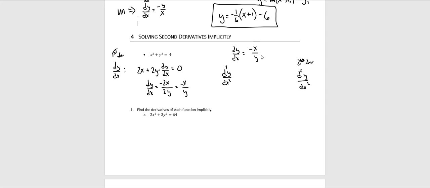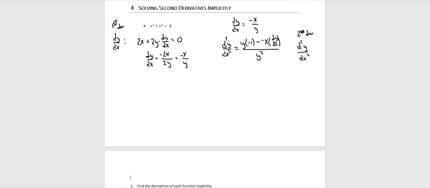On the right, we have to use the quotient rule. And the quotient rule says low d high minus high d low, all over low squared. And that just answered the question for me, really. Yeah, we're going to need more room here.